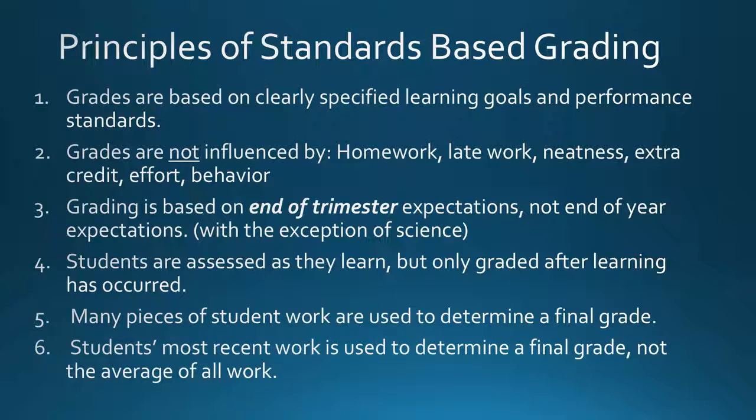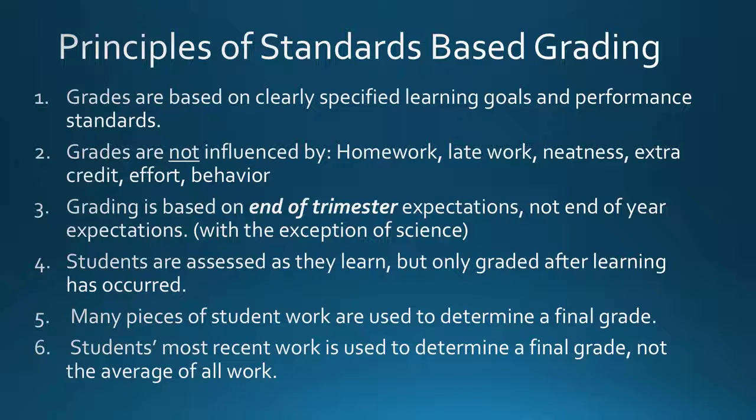In Renton, our teachers are using 6 principles for standards-based grading this trimester. First is that grades are based on clearly specified learning goals. Second, that grades are not influenced by things such as late work or neatness or effort or behavior. We want to keep those things separate.